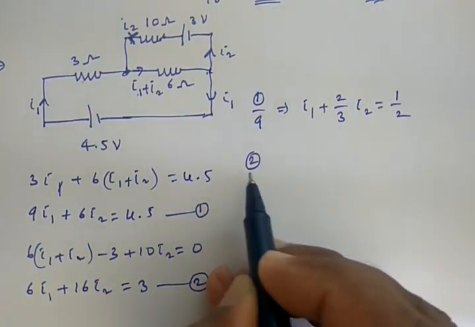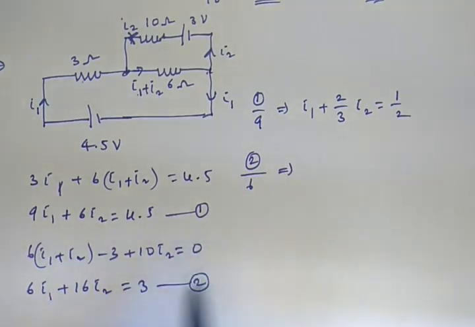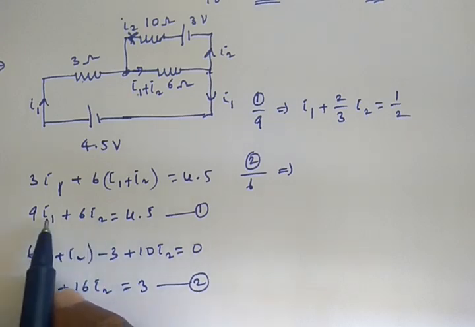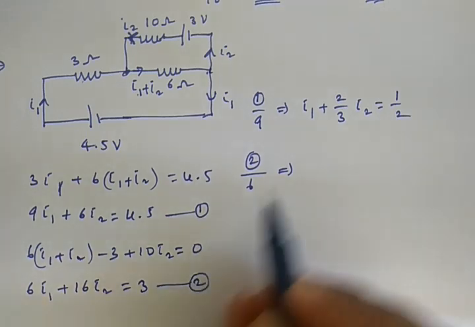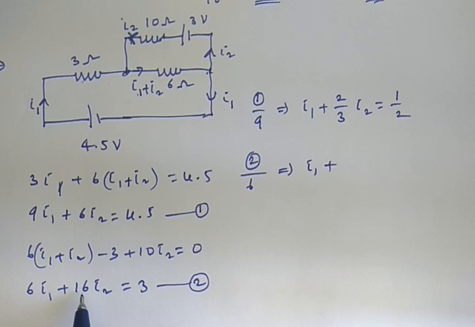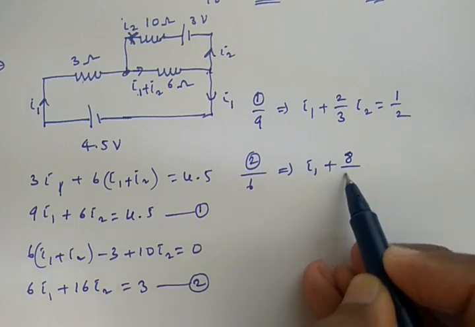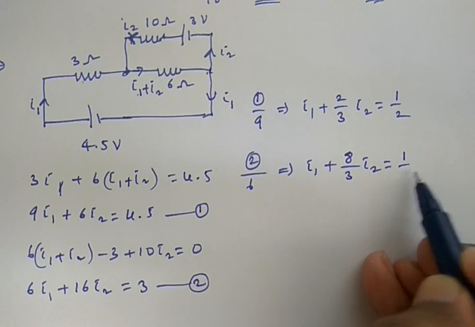Similarly, let us divide the second equation by 6, because I need to find I2 and for that I need to eliminate I1. Then you get I1 plus 16 by 6, which you can write as 8 by 3, I2, that equals 3 by 6, which is 1 by 2.